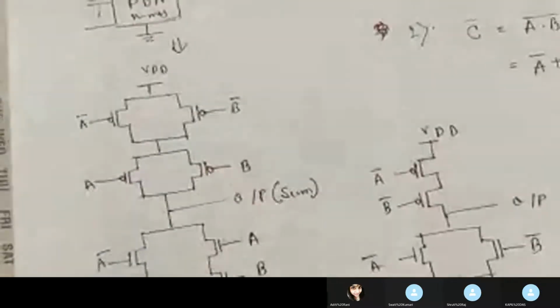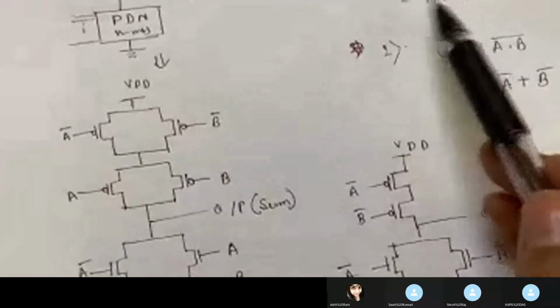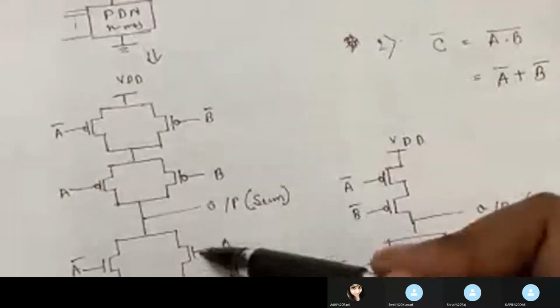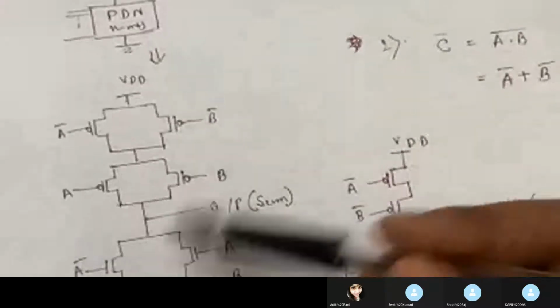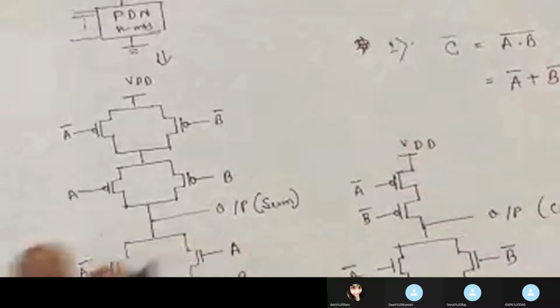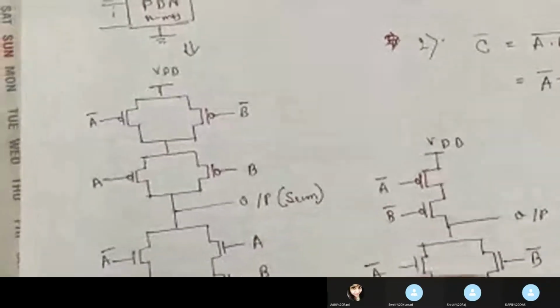Now if we come to the pull-down network, you will see A bar and B bar are connected in series, and this AB is connected in series, and both are in OR connection. In case of the pull-down network, OR will be connected in parallel. So these two are connected in parallel combination. This is the formation of CMOS logic for the sum.